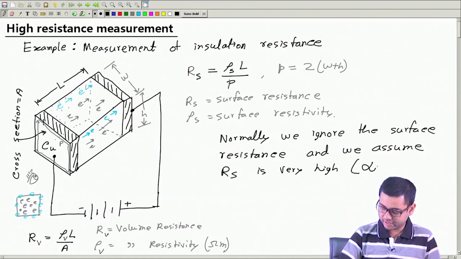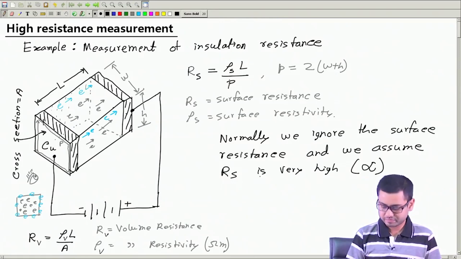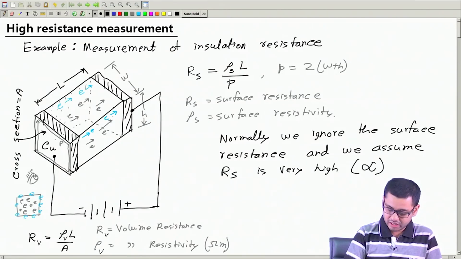I mean, as high as infinite. Okay, nothing is infinite. So, by this I mean it is very high. And therefore, we generally ignore this. So, if this block was a better conductor, then almost the entire current will flow through the volume and very little current will flow through this surface. So, therefore, we ignore this surface conductance.